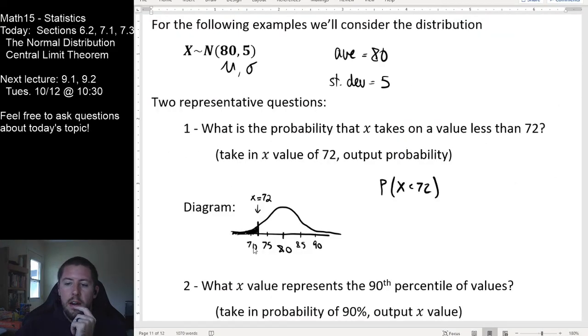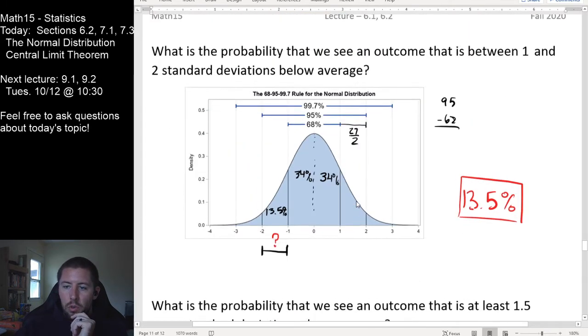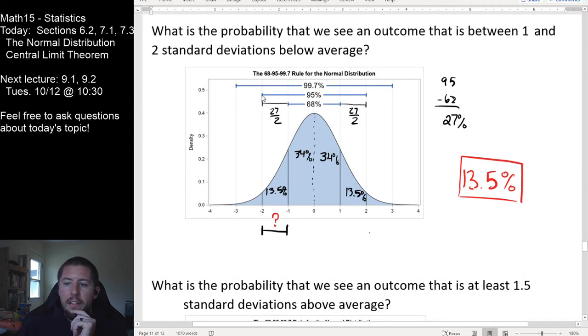I know that here we are within 2 standard deviations, right? 72 is between 1 and 2 standard deviations below normal. I know from the empirical rule that 95% of our results will be within 2 standard deviations. Therefore the remaining 5% should be outside of this 95%.